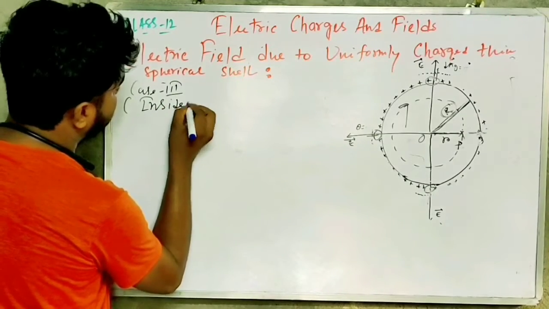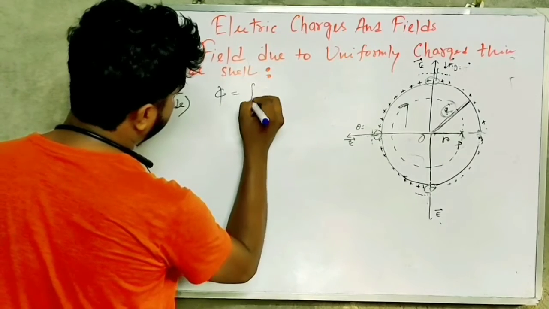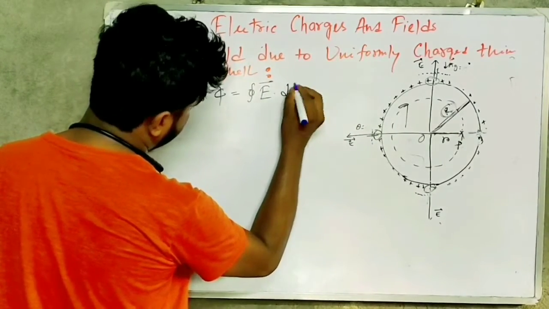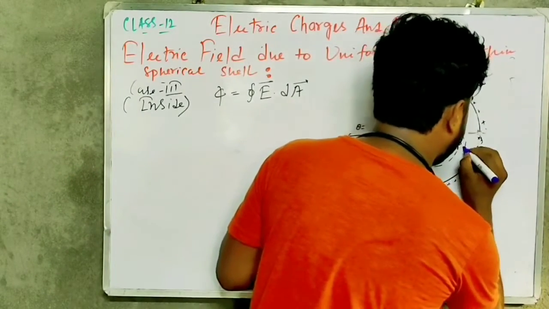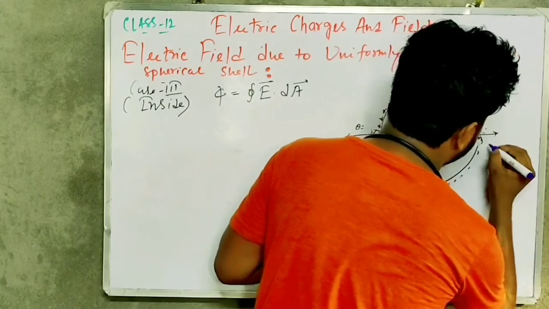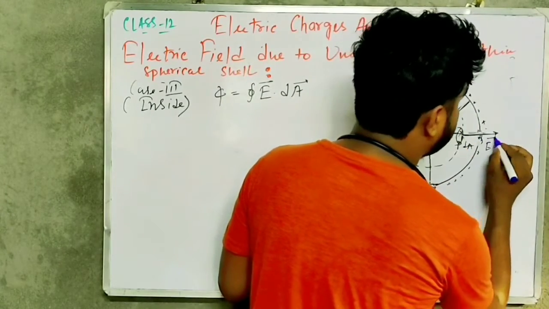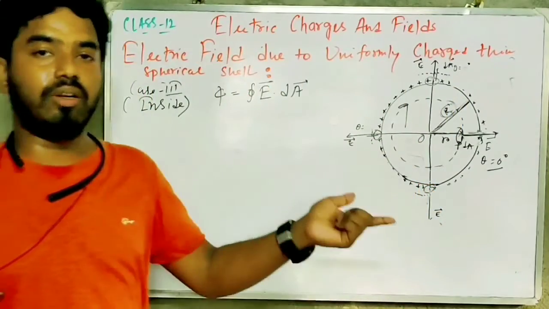The formula is same, that is phi is equal to closed integration E dot dA. If we consider small surface area dA, here the direction of dA will be outward, and here electric field is also outward. So same concept, theta is equal to 0 degree, that is the symmetry condition.